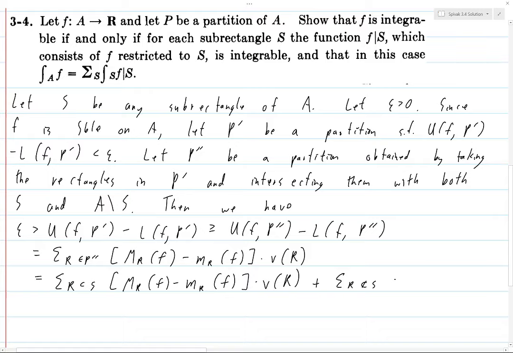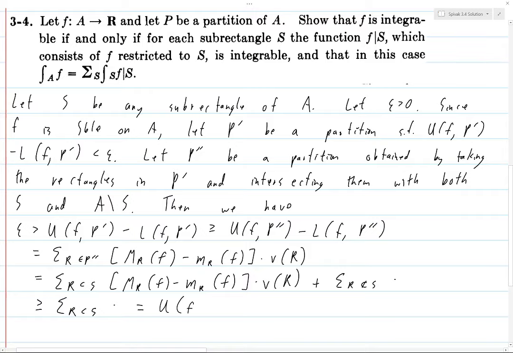So now if we get rid of the sum over all rectangles not in S, then we're dropping out a whole bunch of potentially positive terms, and so the sum gets smaller. So this is greater than or equal to the sum over all rectangles which are contained in S of, again, the same thing. But then this can be written as U minus L of F.